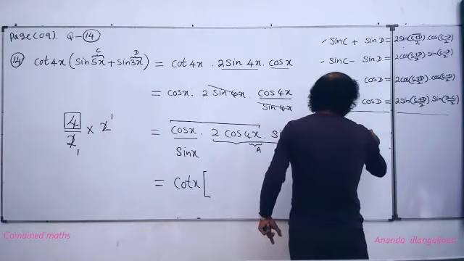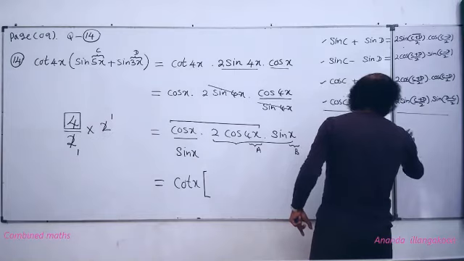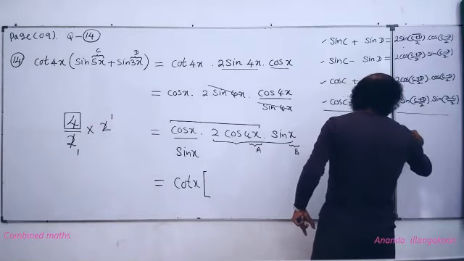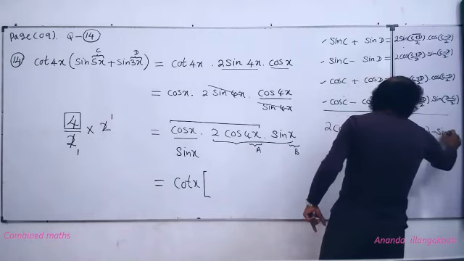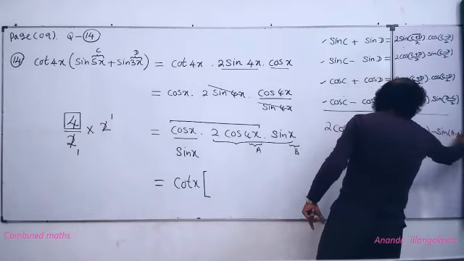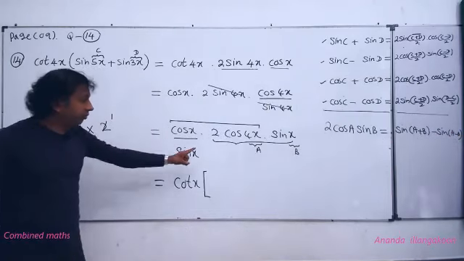2 cosine sine. Earlier we used this product formula. People understand this? This is sine A plus B minus sine A minus B. Apply that here.